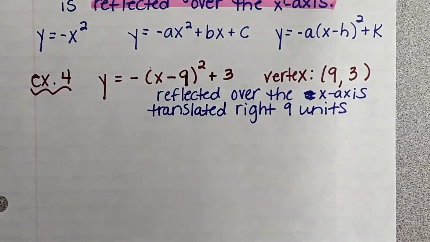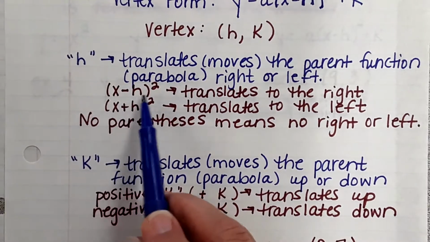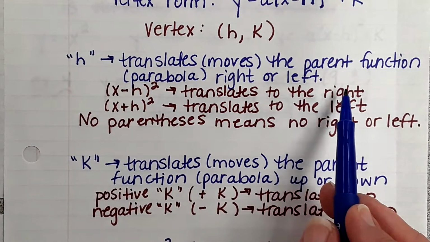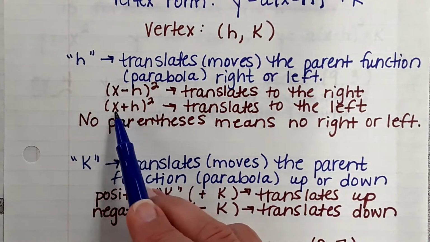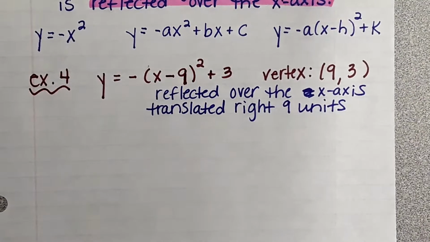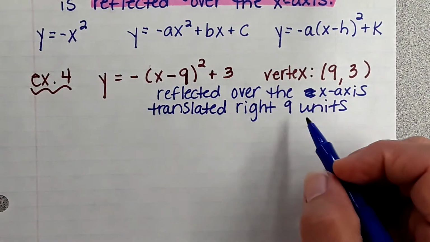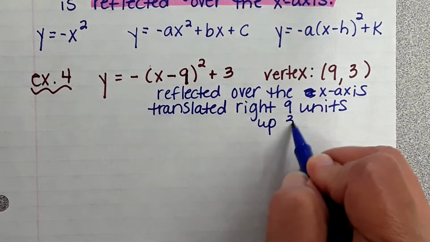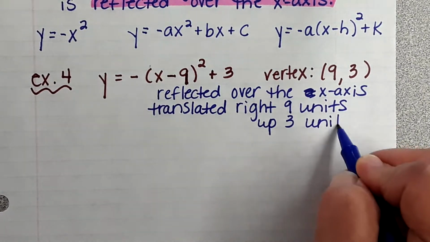If you look at your notes, if it says x minus h squared inside, it translates to the right. If it says x plus, then it's translated to the left. Okay, so now what does the 3 tell me? Up 3 units. Perfect.